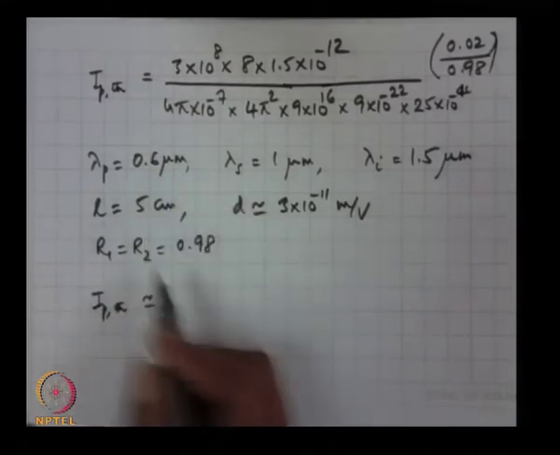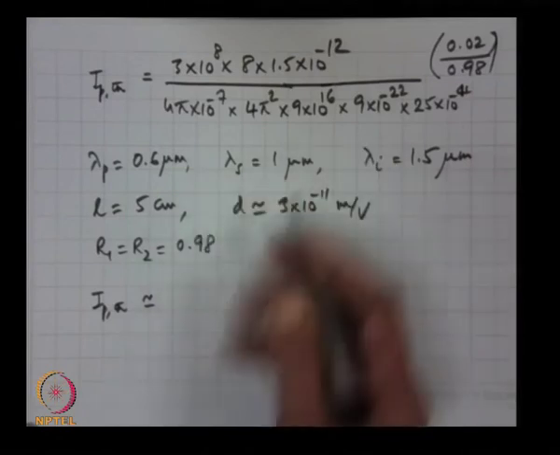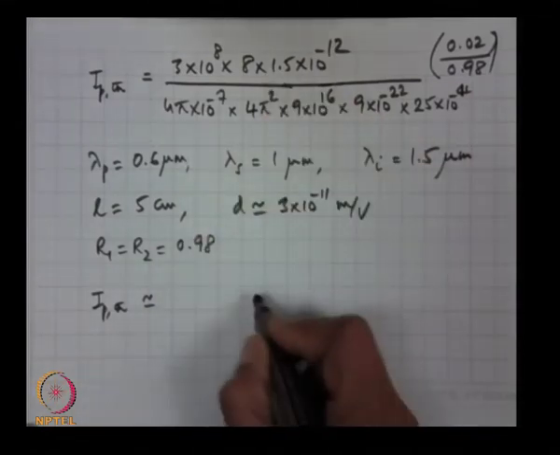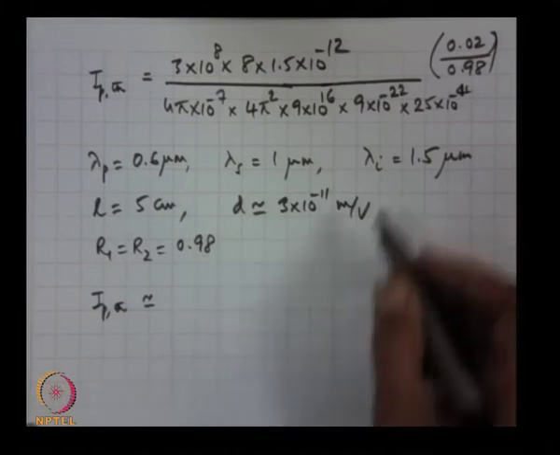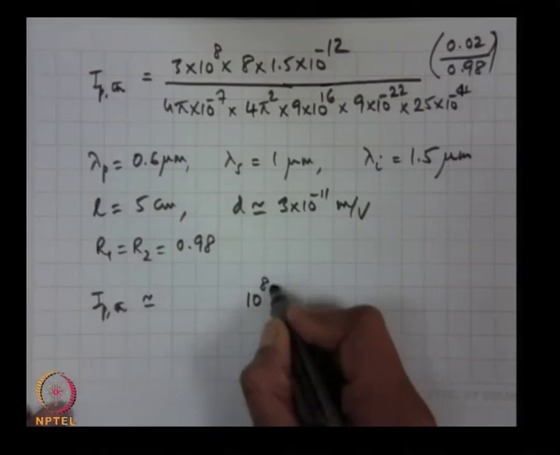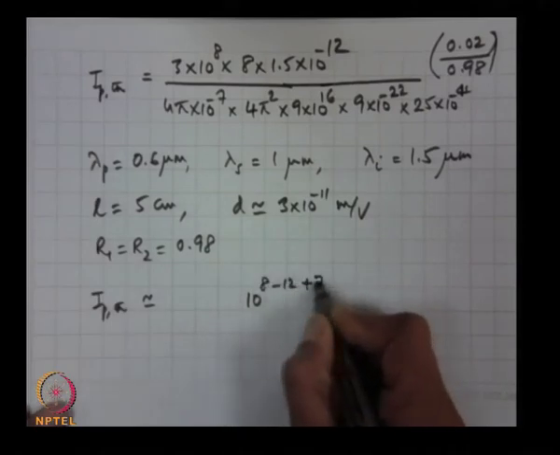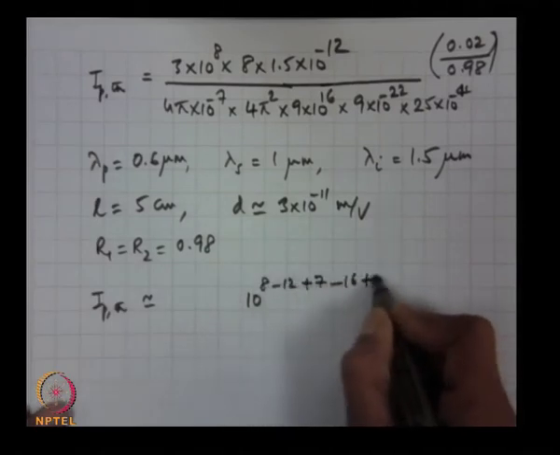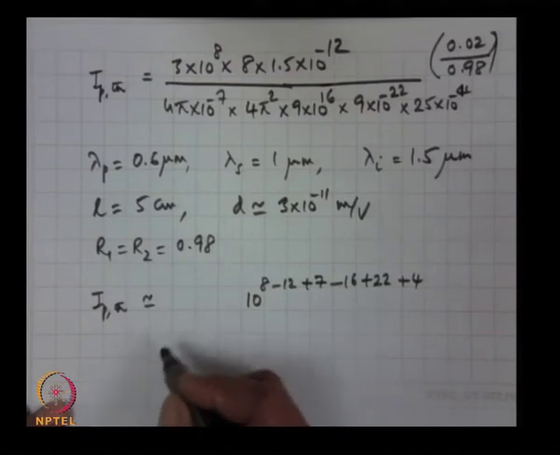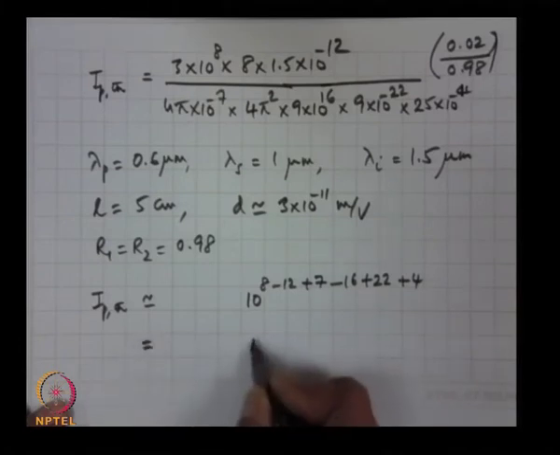Can somebody multiply all the numbers and I leave the factors out? So I have something into, okay, so it's 10 raised power 8 from here, minus 12, plus 7, minus 16, plus 22, plus 4. So I have 10 power, how much is it?